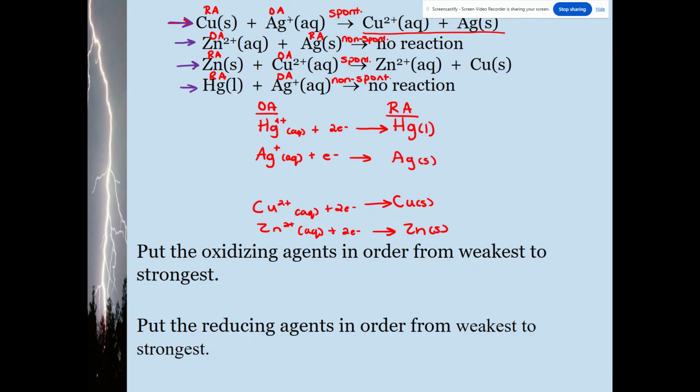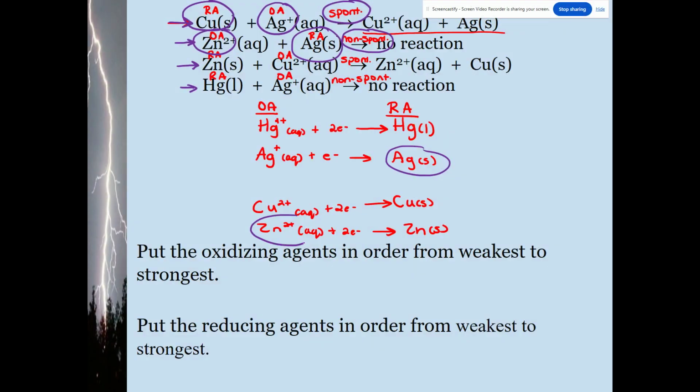Okay, so again, my silver OA is spontaneous with copper as an RA. So my silver OA must be higher than copper as an RA. That's what the spontaneity rule states. So my copper is lower than my silver. In the next reaction, we're told silver metal as an RA, which is here on the chart, is non-spontaneous with zinc as an OA.